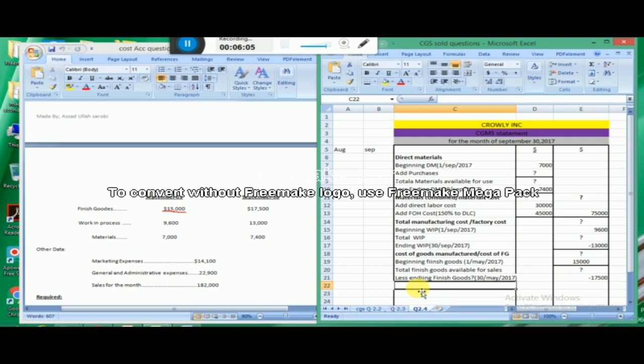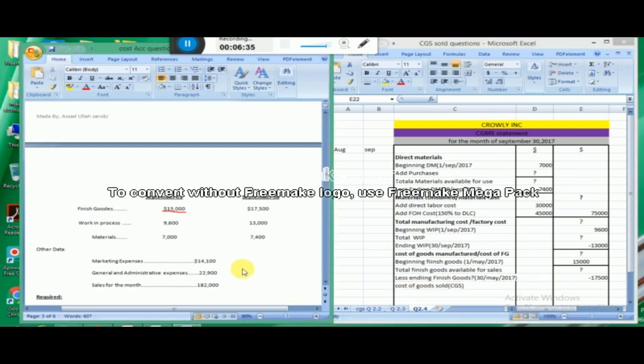So how much is the cost of goods we produced? For that, now CGS, cost of goods sold, that is given.